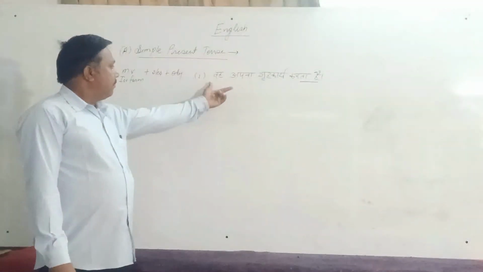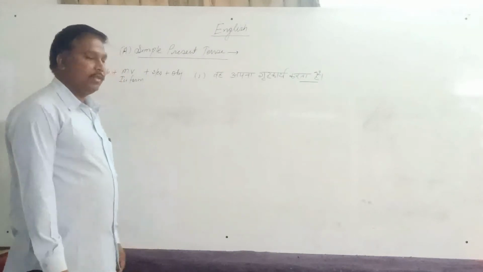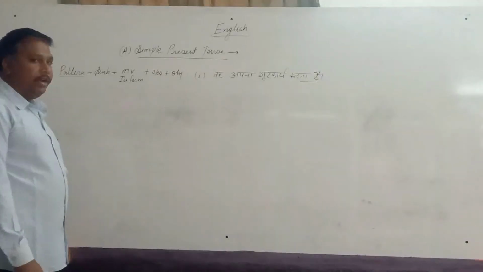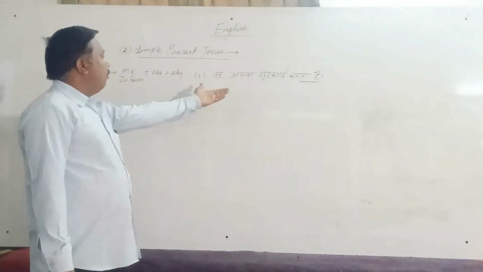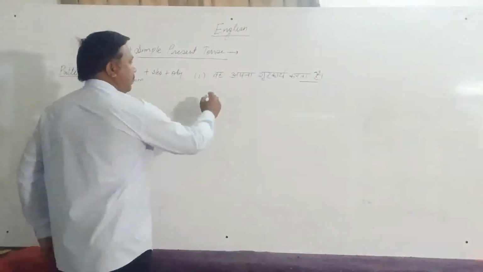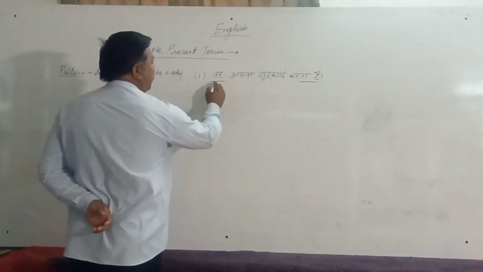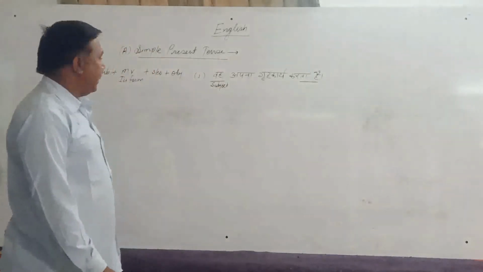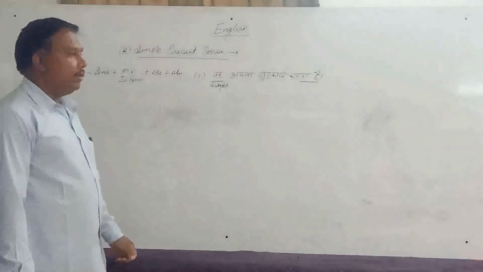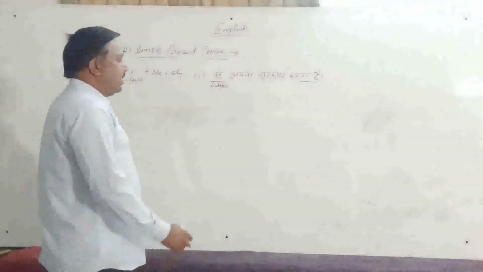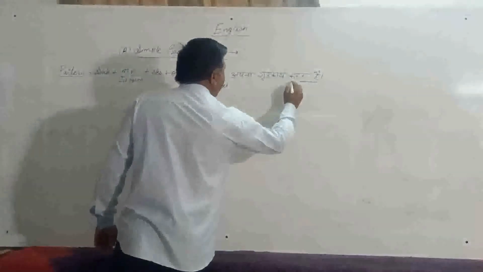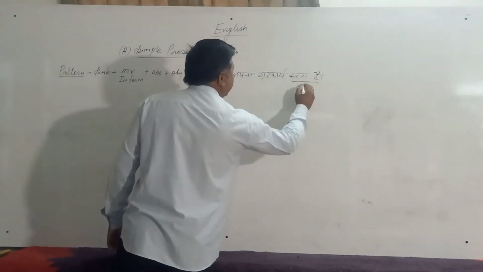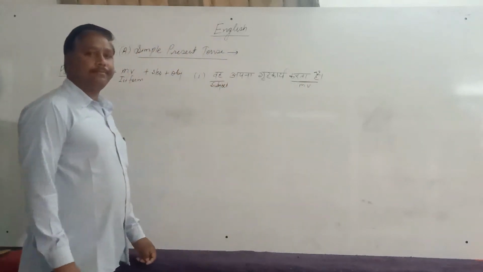Now we have to find out these pattern elements from this sentence. So first of all we have to find out subject. What is subject here? He is subject. The next element is main verb. Where is main verb? करता है. This is our main verb.